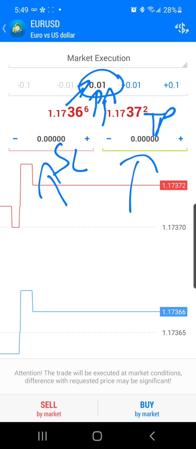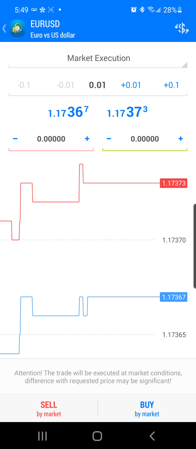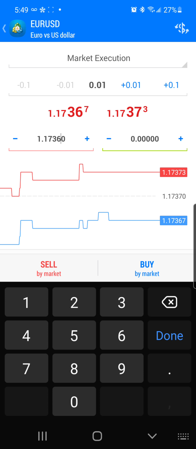A stop loss is where you want to risk your 1 to 3%. You look at the number here, press the square button, and put in whatever stop loss you want. So let's say I want to put my stop loss at like 1.17 thousand, I can go ahead and do that, and so forth.